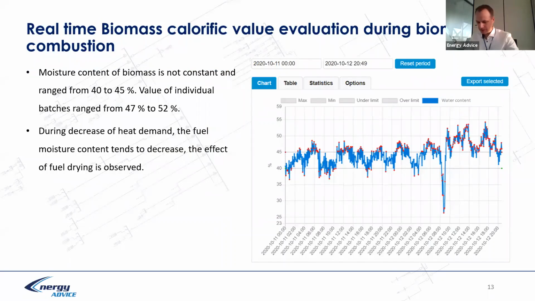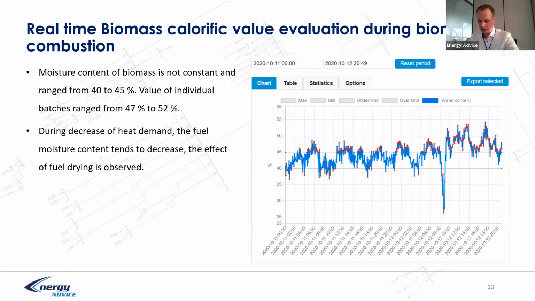And where is the problem with the control system, I mean SCADA or the boiler control system? The problem is that we don't understand the calorific value of the biomass during the burning process. The control system is not capable of understanding the calorific value, and we should somehow evaluate it.